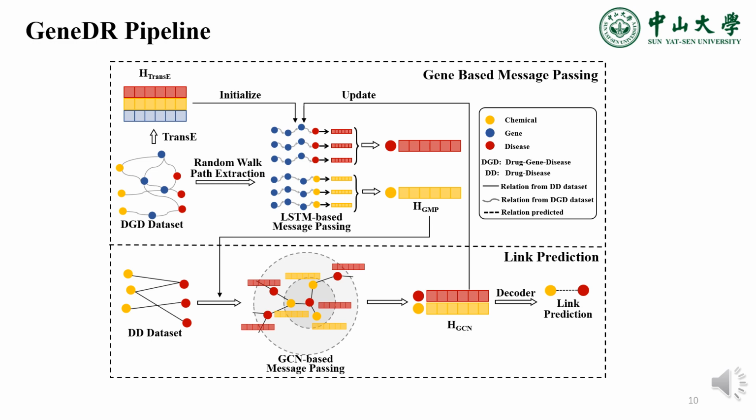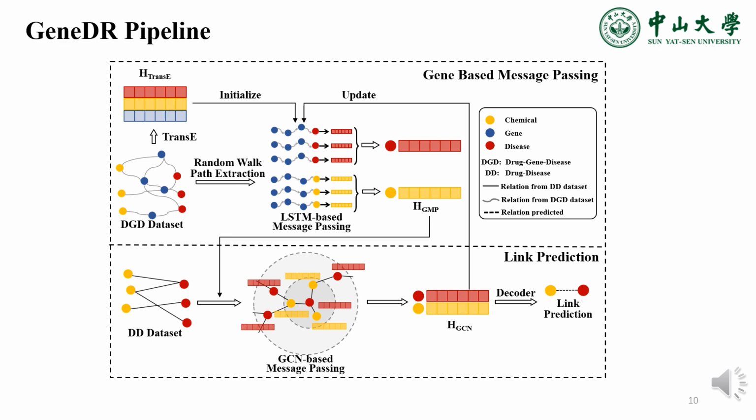And then after the LSTM-based message passing layer, we get the updated node embeddings with the information of the gene path. Then these drug and disease embeddings are used to initialize drug and disease nodes in the drug disease bigraph.